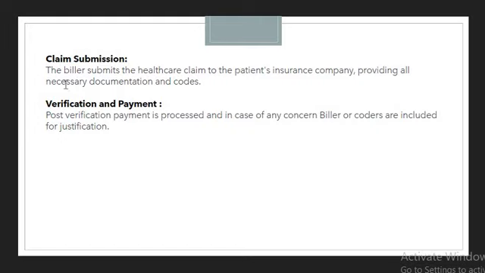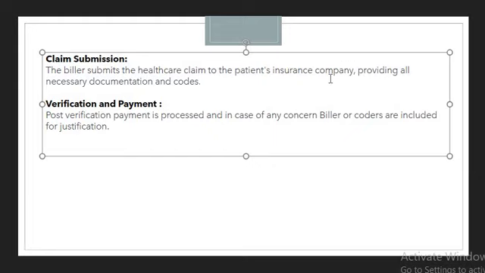The next point is claim submission. The biller submits the healthcare claim to the patient's insurance company. Most of the time, the patient's insurance company works as a mediator. So the biller submits the healthcare claim to the patient's insurance company, providing all the necessary documentation and codes. Then verification and payment is processed.